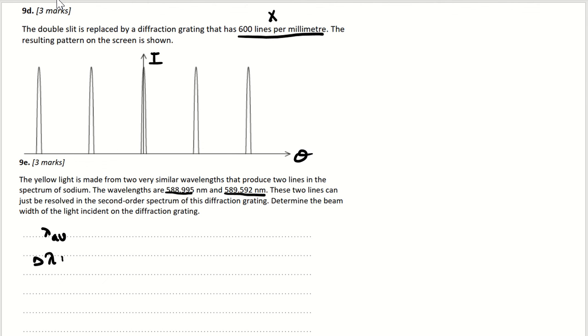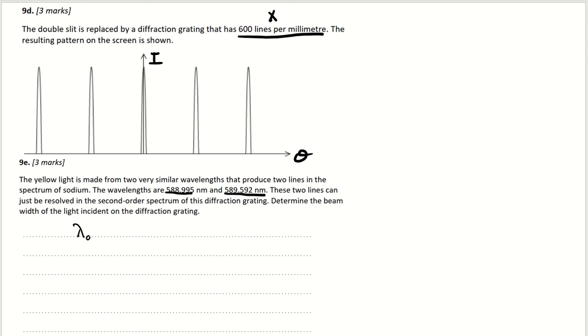So I need to see this difference, which is resolved in the second order for m equal 2 of this diffraction grating. Determine the width of the beam of light incident on the diffraction grating. So in this case, I need to find n, then multiply it by d, which is the distance between two slits, to find w.